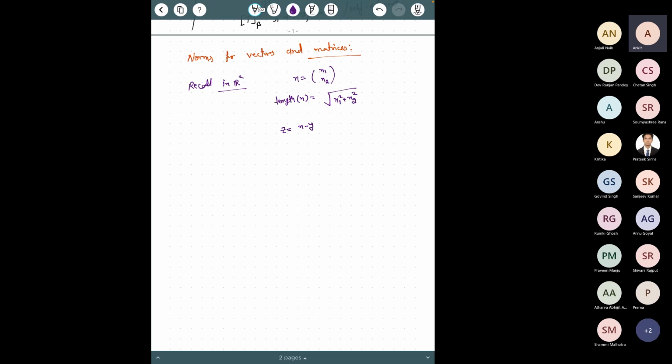If you look carefully, what properties does this length function in R2 satisfy? What are the properties satisfied by the Euclidean length in R2 or R3? Similarly, we can define length in R3 also.